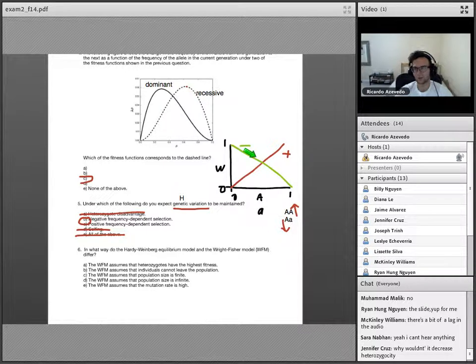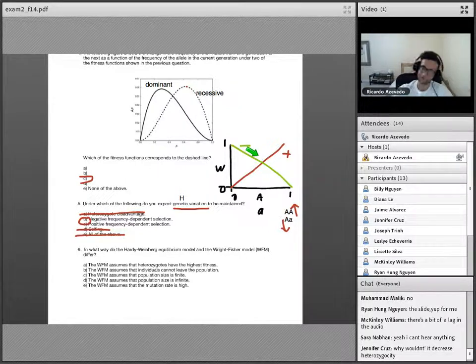And as you become very prevalent in the population, your fitness becomes very low. So selection favors the other allele. So then your frequency is going to go back to where it again becomes advantageous for you to be selected for. So there's this push and pull: when you are pretty low in frequency, selection is in favor of you, but as you increase in number, selection becomes against you, right?